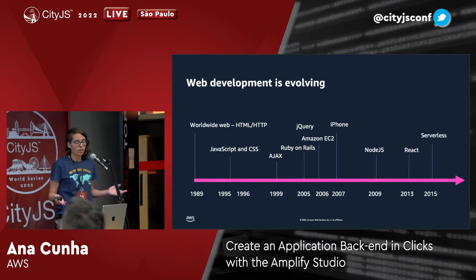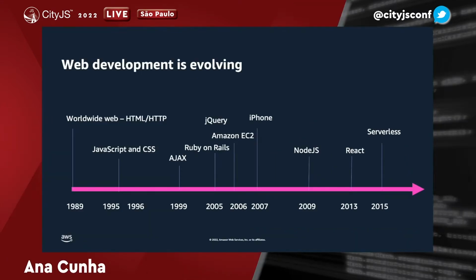Many of you know web development is always evolving. For those who have been in this area for some years, we've been through several changes. In the beginning of the web, we had static HTML pages with the HTTP protocol, and with CSS we had more structure.